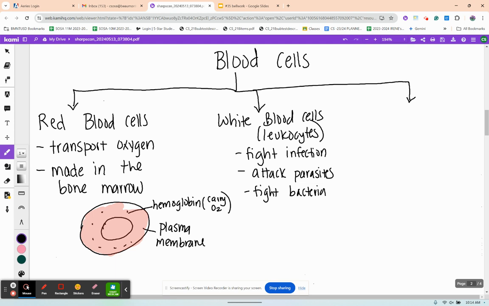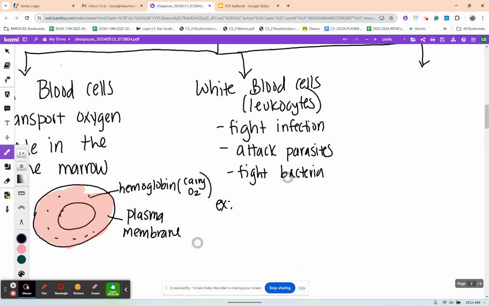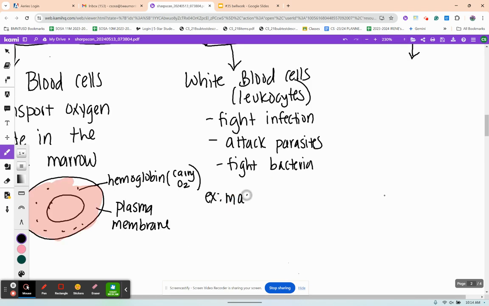So, for example, macrophages. These pretty much engulf pathogens. And then another example of our white blood cells are B lymphocytes.